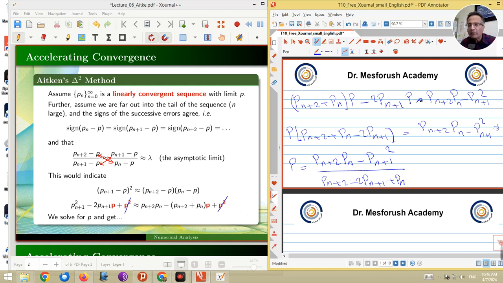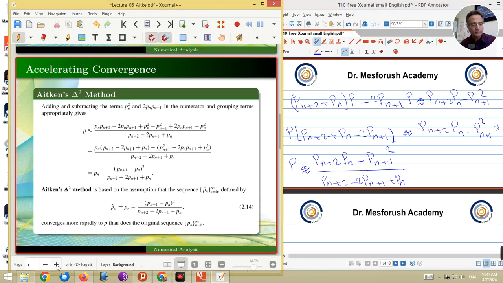In fact, this is almost equal. If we want to say the correct sign, it should be almost equal.